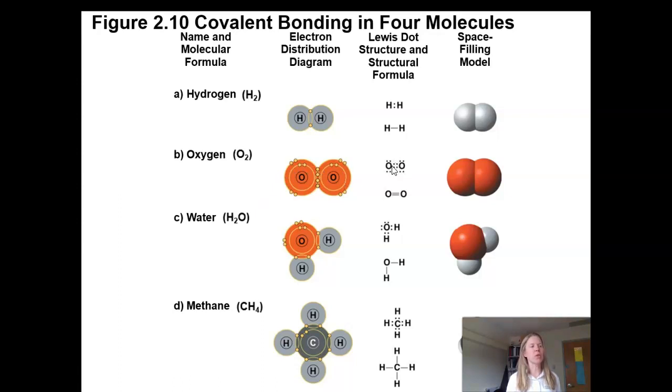So notice now there's 2 shared pairs of electrons here. So 4 dots, 2 shared pairs, or 2 lines shows a double covalent bond. It can be of the same element, or it can be between different elements. We would call that a compound, where you have 2 or more different elements together.